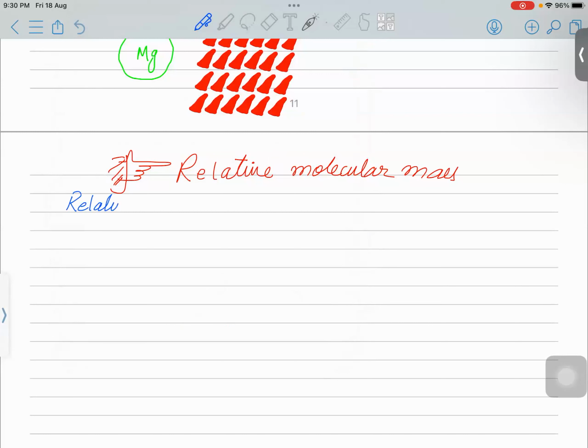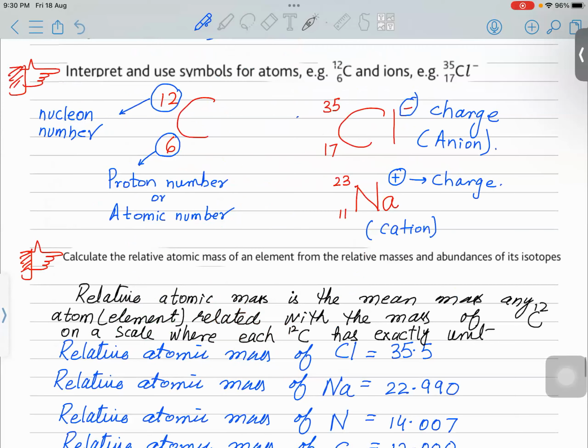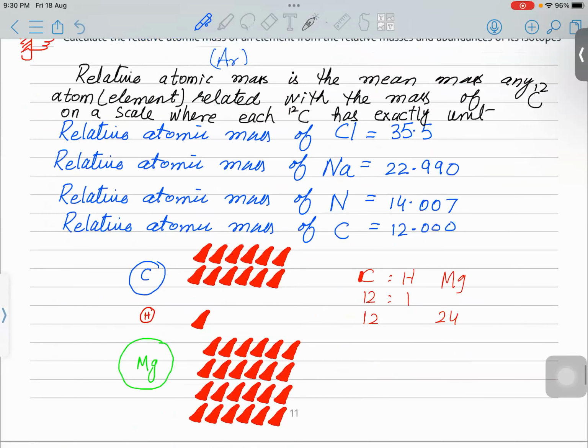Relative molecular mass. This is MR. Symbol is MR. And symbol of relative atomic mass is AR. AR means relative atomic mass.